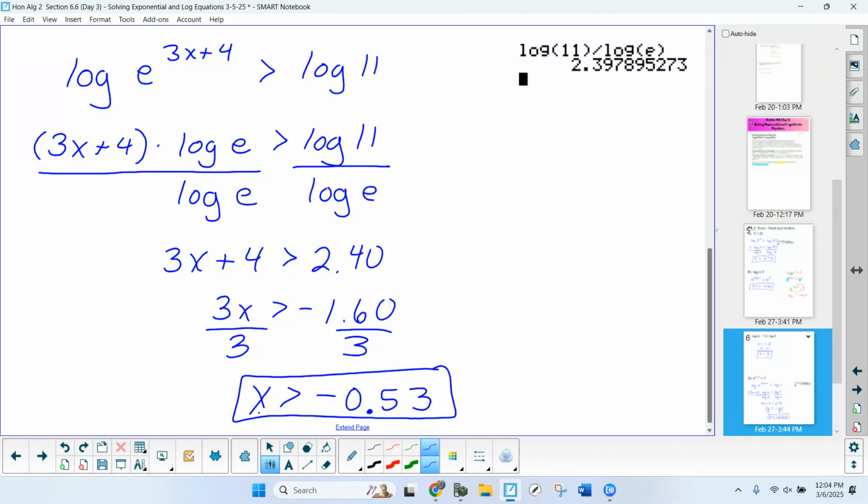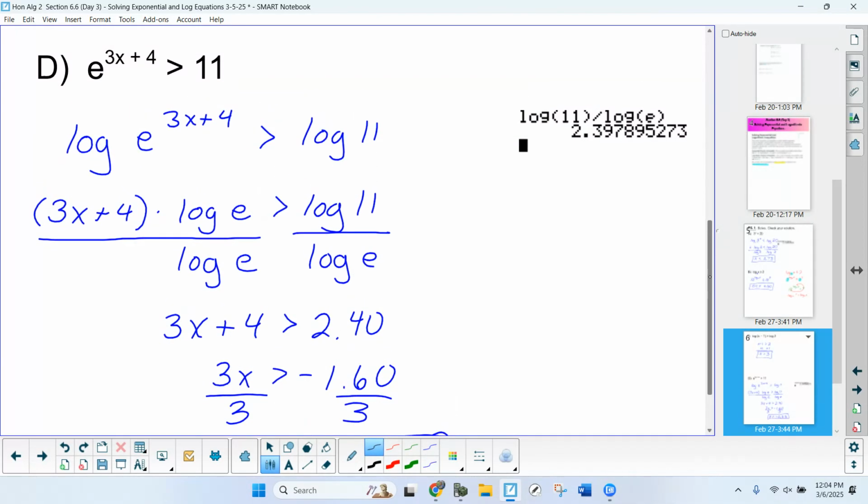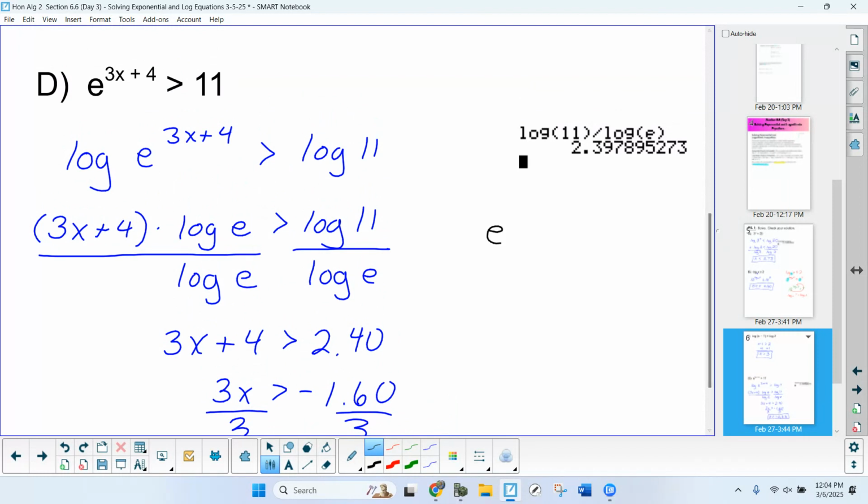Now, I heard somebody say something else up here. What did somebody else say we could have done? Natural log. Because if I take the natural log of this and the natural log of this, remember that's log base e of e.